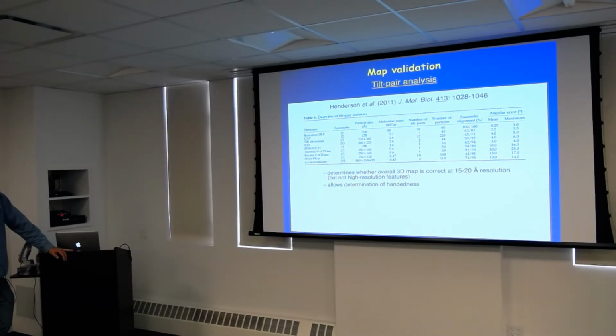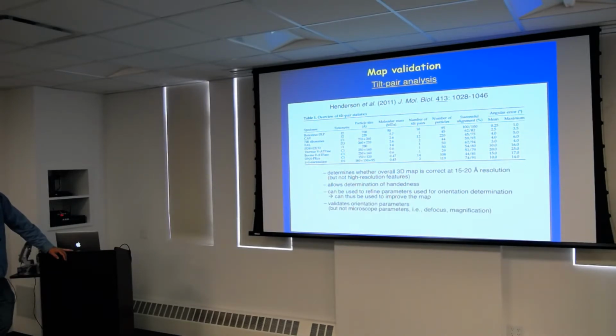What is very nice about it is that it allows you to determine the handedness, because you know which angle you tilt in this direction, the other direction, and it will tell you from the difference angle whether you have the correct handedness. And then, because it only defines the orientation parameters but not the EM parameters, you can actually use it to improve the imaging conditions.